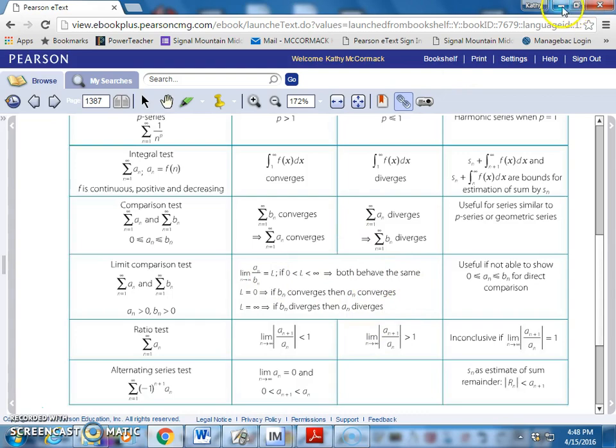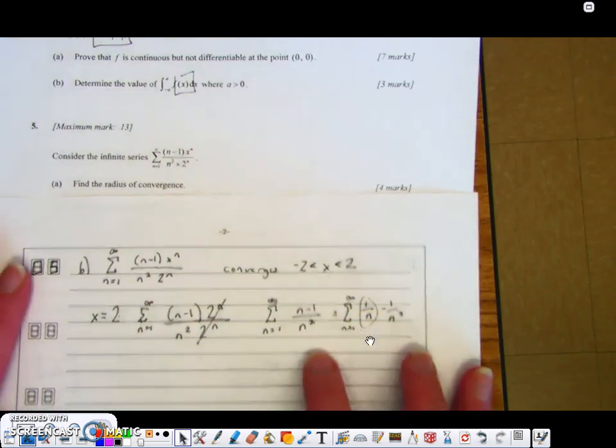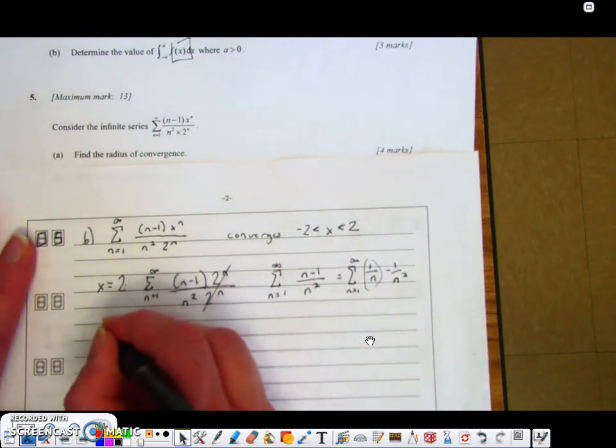So I'm going to try this with 1 over n. When you're trying to compare, a p-series is a pretty normal comparison, or maybe a geometric series. This is n over n squared if you get rid of all the small things, which is the same as 1 over n. So 1 over n would be a decent series to compare to.